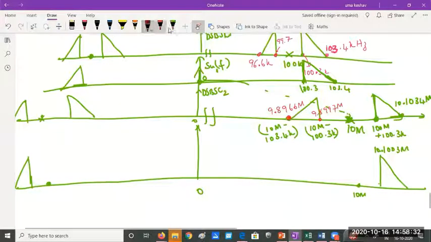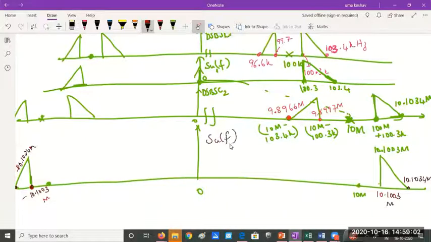These points we already have defined, 10.1003 mega and 10.1034 mega, and likewise here also we can define minus 10.1003 mega, and this point is minus 10.1034 mega. Anyway, there is no space. This is your final stage 2 single sideband suppressed carrier signal.